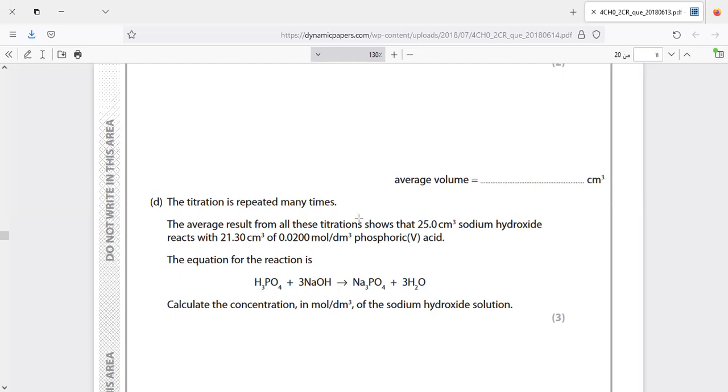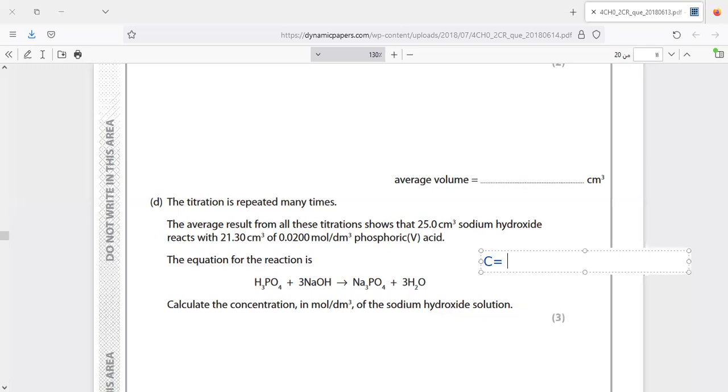Mohammed, if you need to calculate the concentration, concentration equals what?